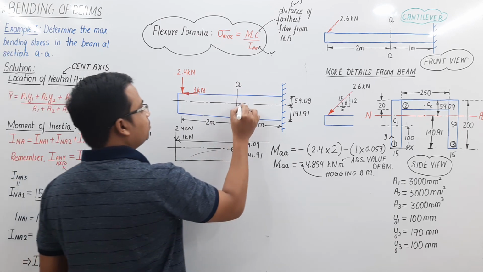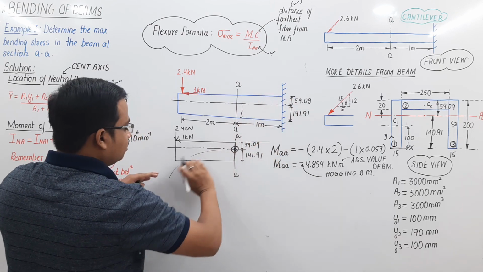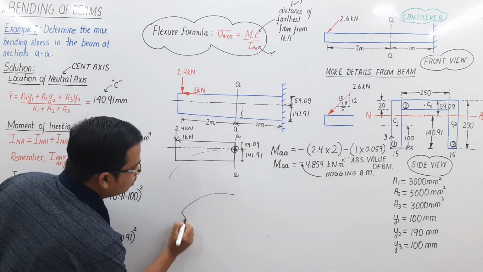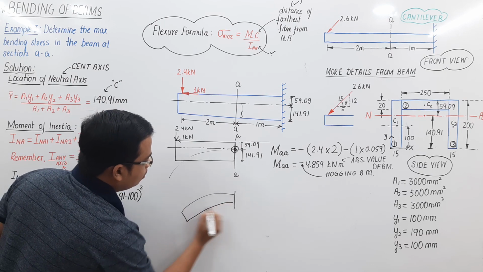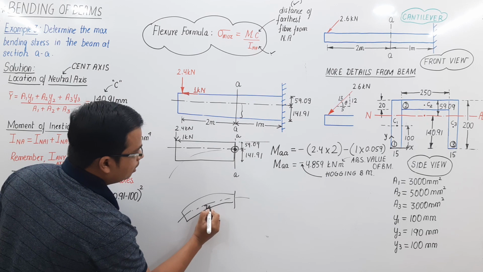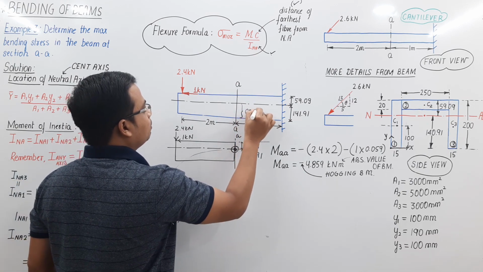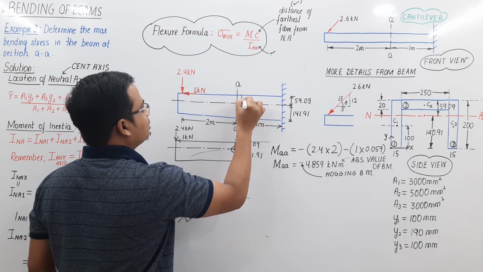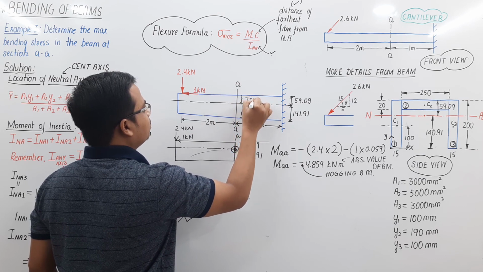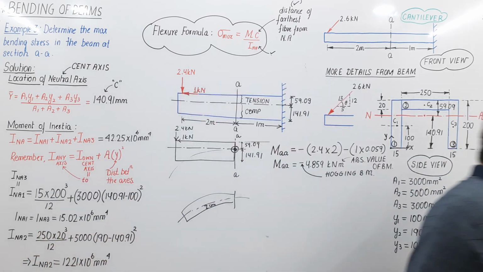This region, all the fibers are going to bend like this, so anything below this neutral plane is going to be under compression. This is the region of compression. Anything above the neutral axis is a region of tension, and that is true.